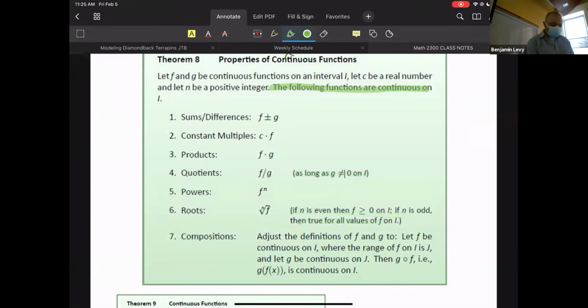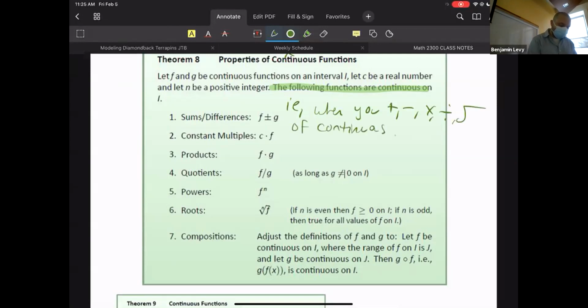So let me write down just a clarifying statement, and then I'll show you an example of what we mean by that. What this is saying is when you add, subtract, multiply, or divide, or square root for that matter, or root continuous functions, they stay continuous.